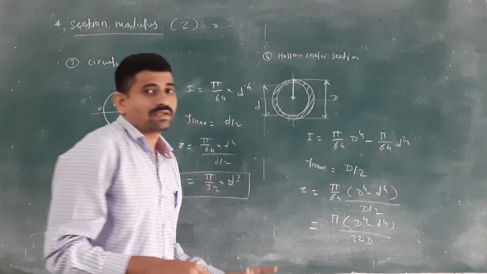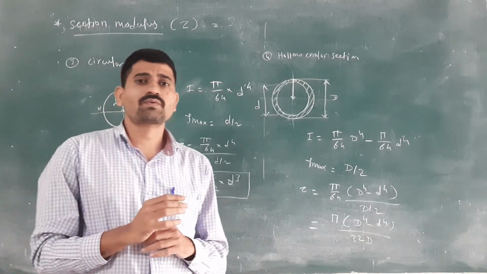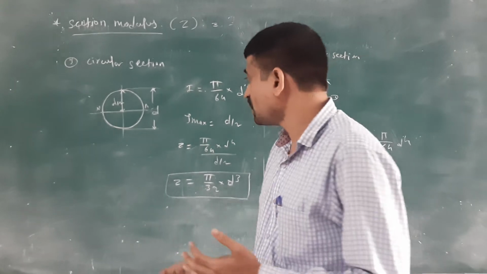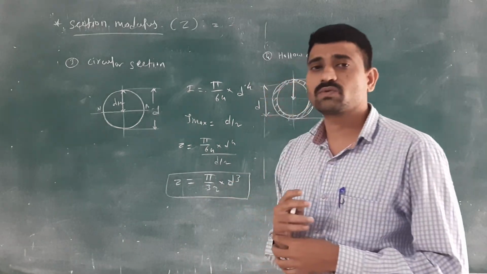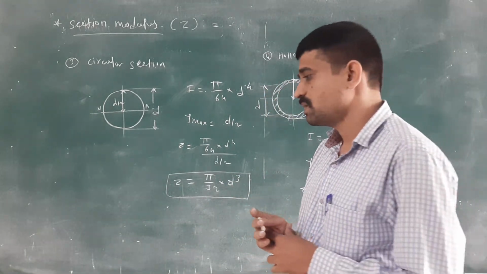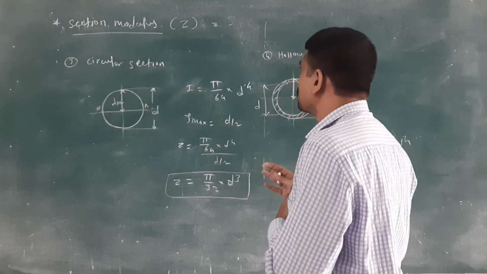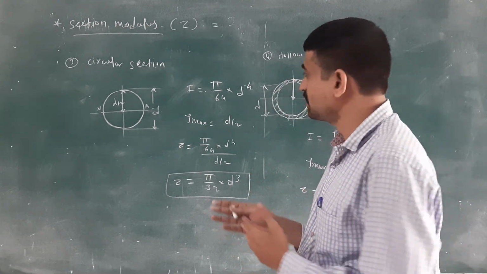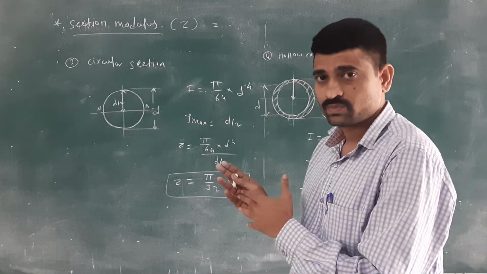In this way, you have to calculate for the triangular section, the rectangular section, the circular section, the hollow section. Each and every section. If you are given a T section, then again you will get rectangles.